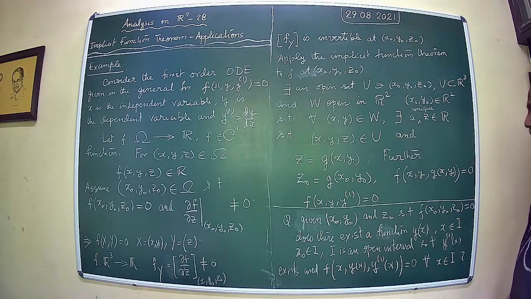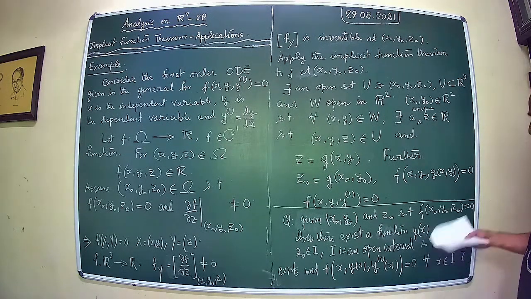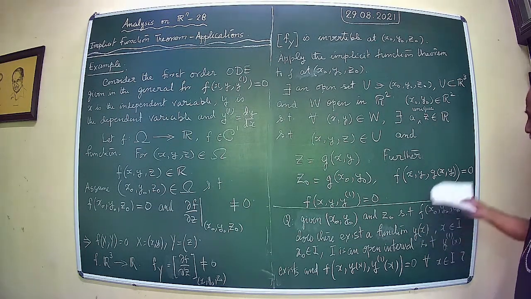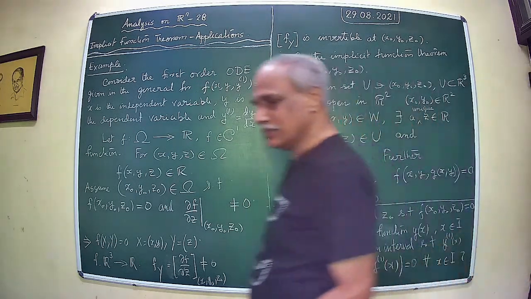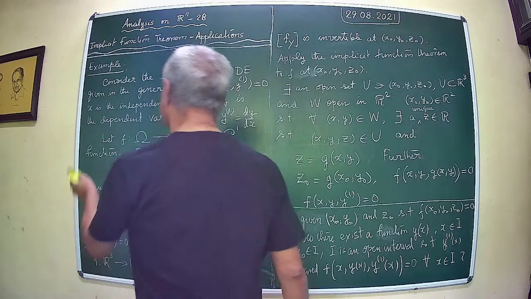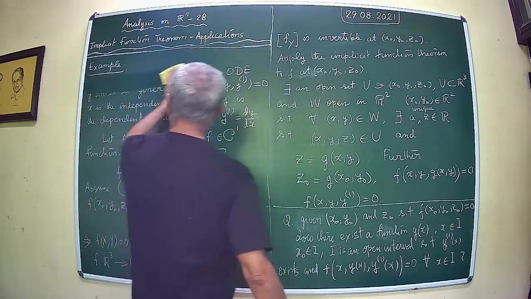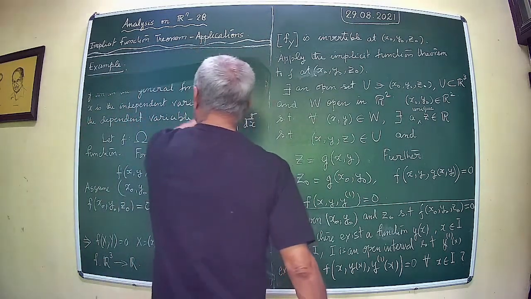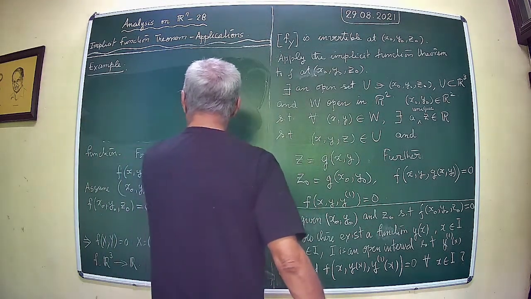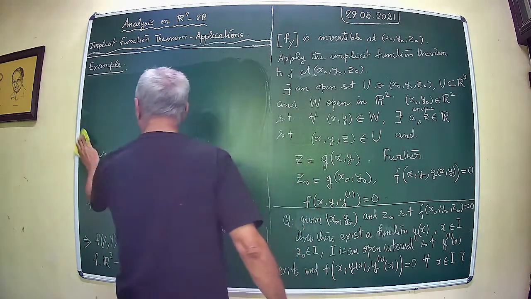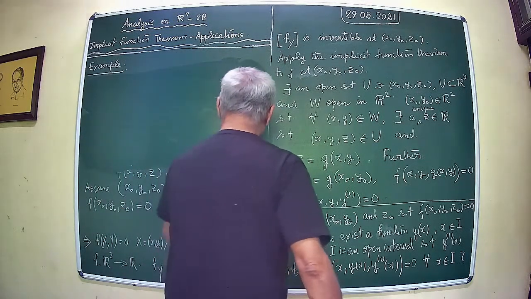X naught and y naught you can fix in such a way that this x naught, y naught, z naught would happen to be in the domain of f. Okay. That means what?